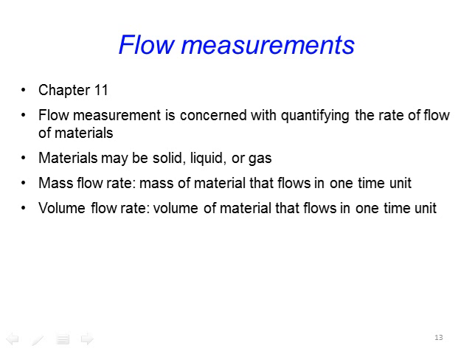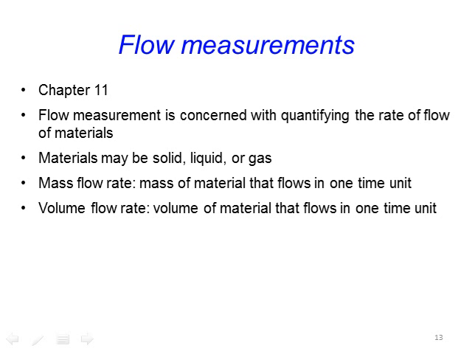Now we're going to have to talk a little bit about some basics of hydraulics and pneumatics so that we're all talking in the same language. Also, for these flow measurements you can read more in chapter 11 of the textbook.